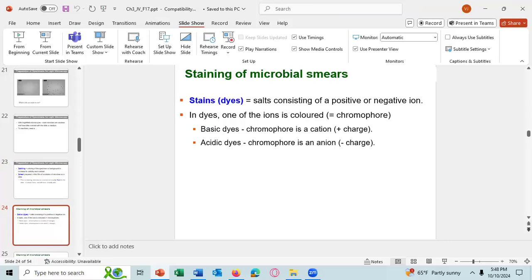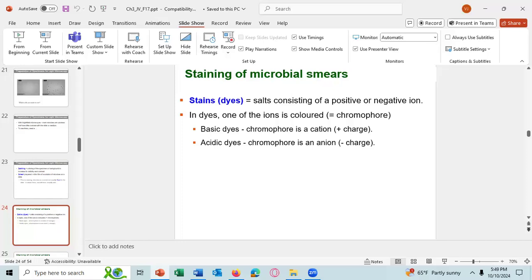A basic dye has the chromophore on the positive ion of the salt, or the cation, the positively charged ion. Acidic dyes have the chromophore in the anion, the negative part of the salt. Any question about that?